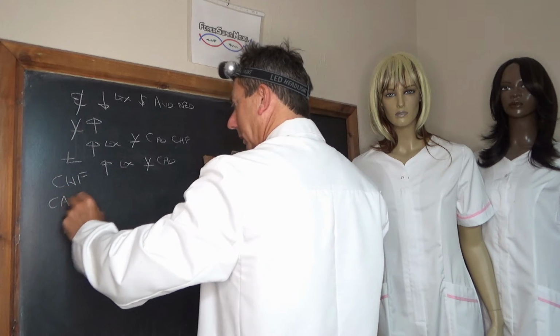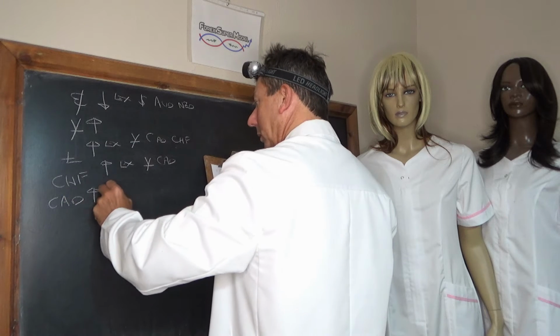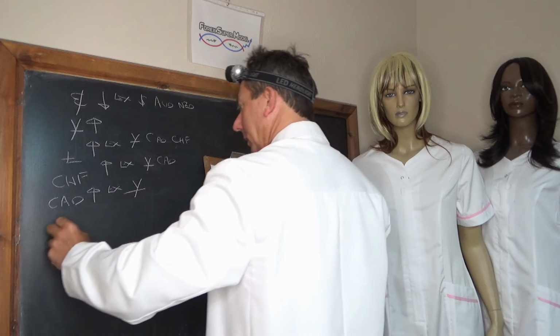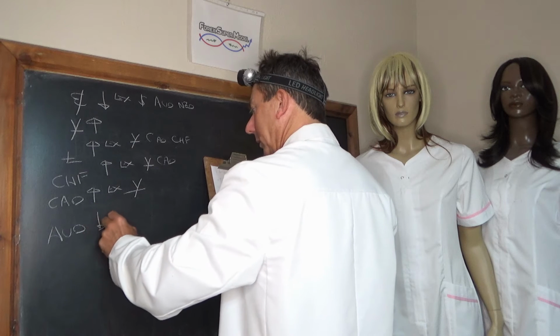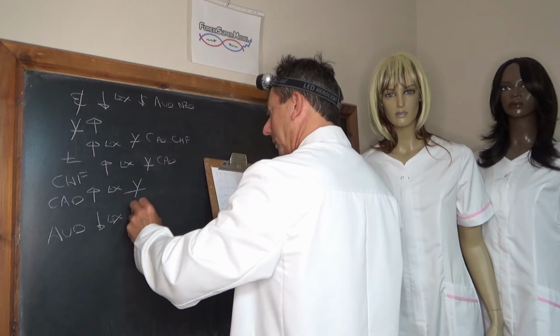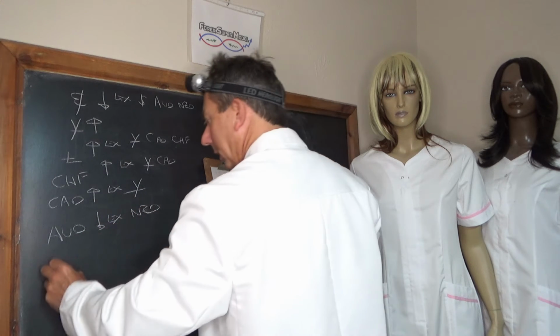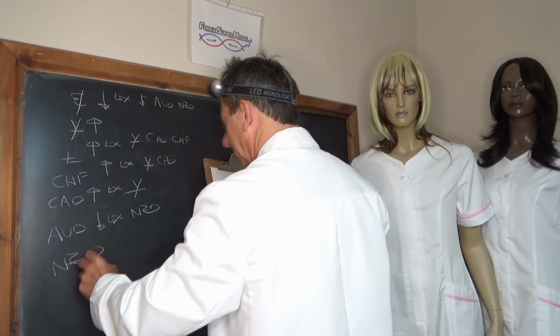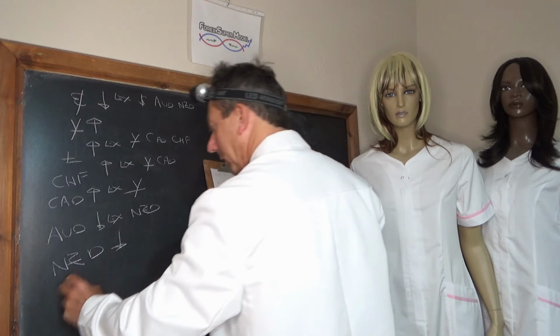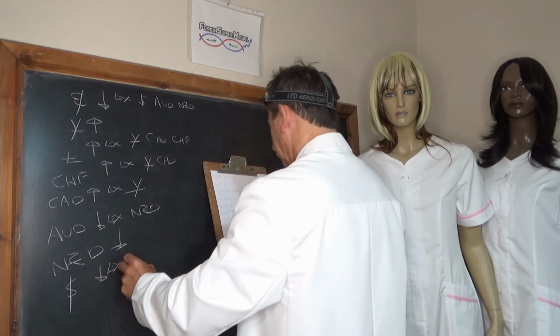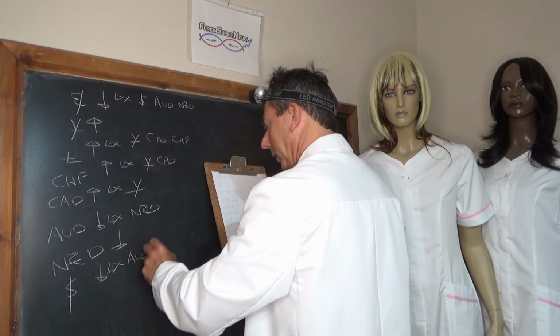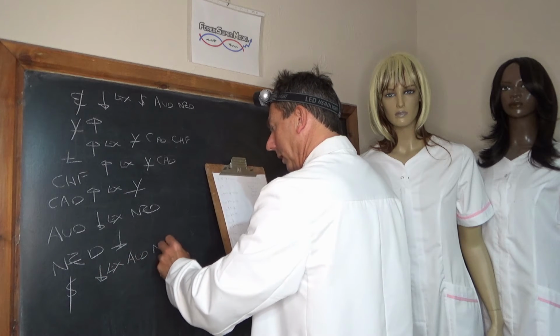The CAD is strong, except against the yen. The AUD is weak, except against the NZD, which is weaker. The NZD is weak across the board, and the dollar is weak, except against the AUD and the NZD.